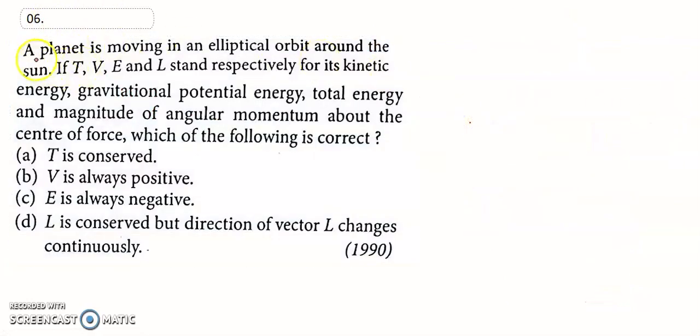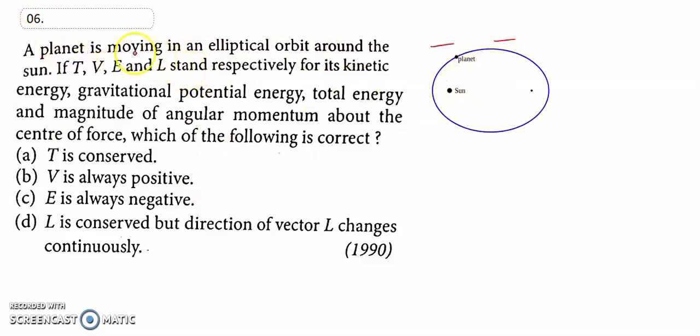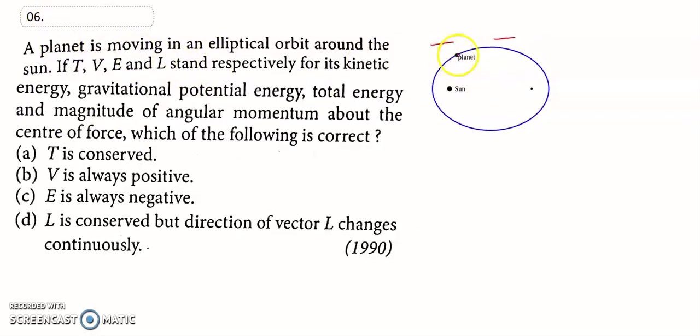Question number 6: a planet is moving in an elliptical orbit around the Sun. So this is the planet moving around the Sun.